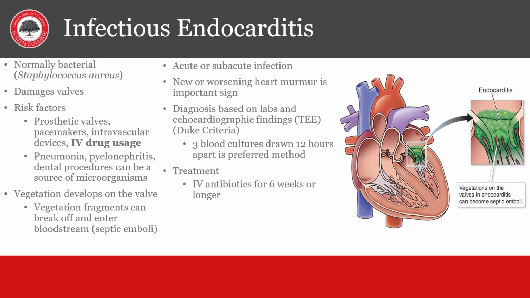Infectious endocarditis, or IE, is a bacterial infection of the heart valves, usually by Staph aureus. IV drug users are the most common patients with this condition, but you can see it in a patient with recent pacemaker implantations or patients with recent long dental procedures. The bacteria makes a vegetation on the heart valve, growing like it would on a petri dish.